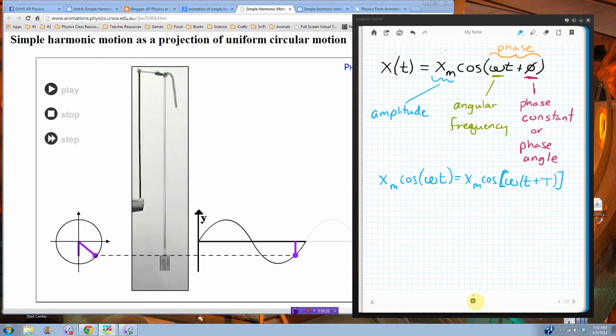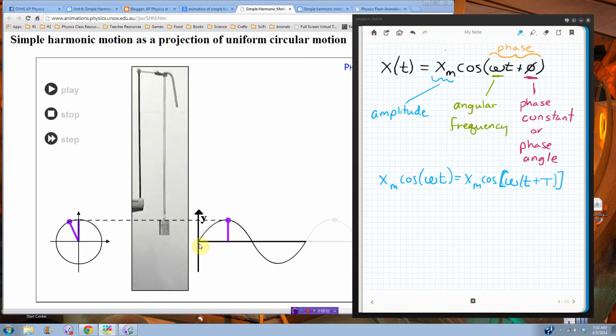Something else we know is that cosine and sine and all these trig functions repeat themselves when you've gone 2 pi. When you add 2 pi to the argument, or phase, cosine just doesn't change.